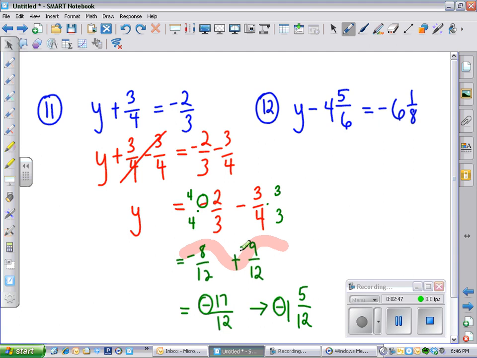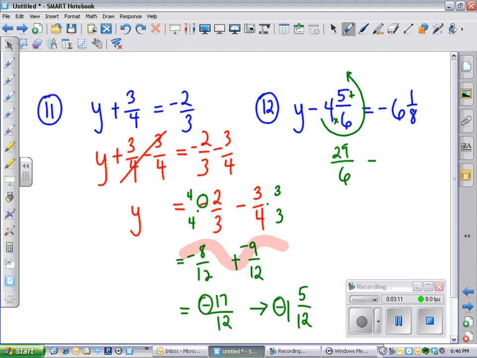Number 12, same thing, but this time we have mixed numbers. As we said in class, it is possible to work with mixed numbers, but highly recommended that you change the form to improper. So we're going to do 4 times 6 plus 5, so it's 29/6.